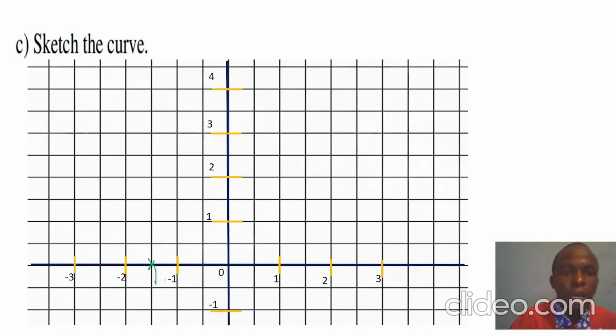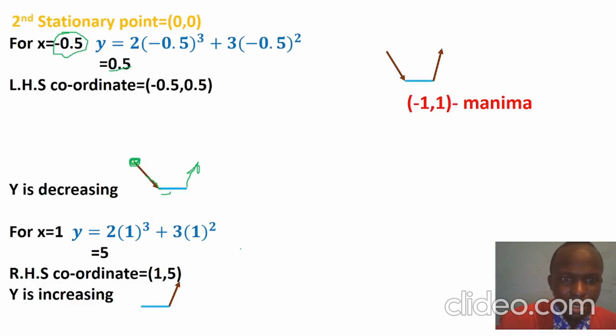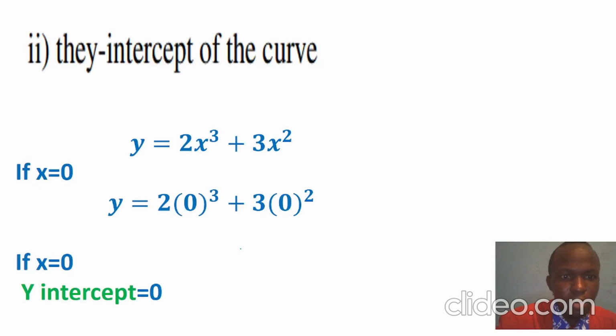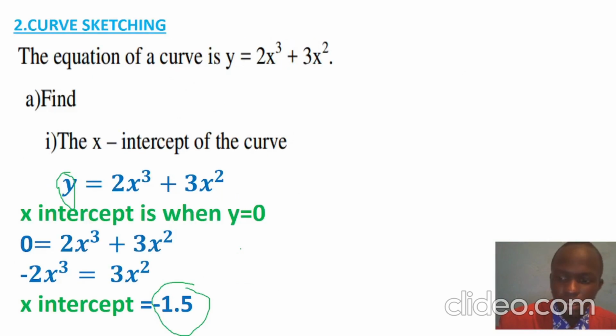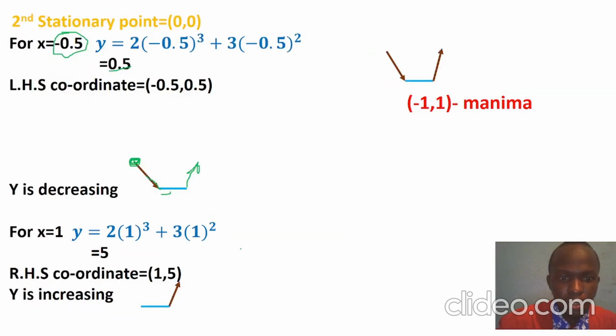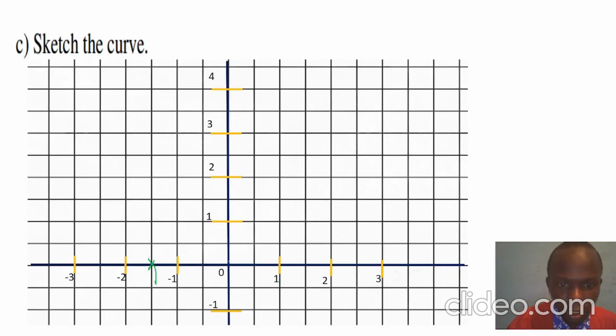So I have marked that point. Let me check once again, let me be very sure of what I am doing. So the x-intercept is negative 1.5. What is the y-intercept? The y-intercept is 0. So let us mark the 0.